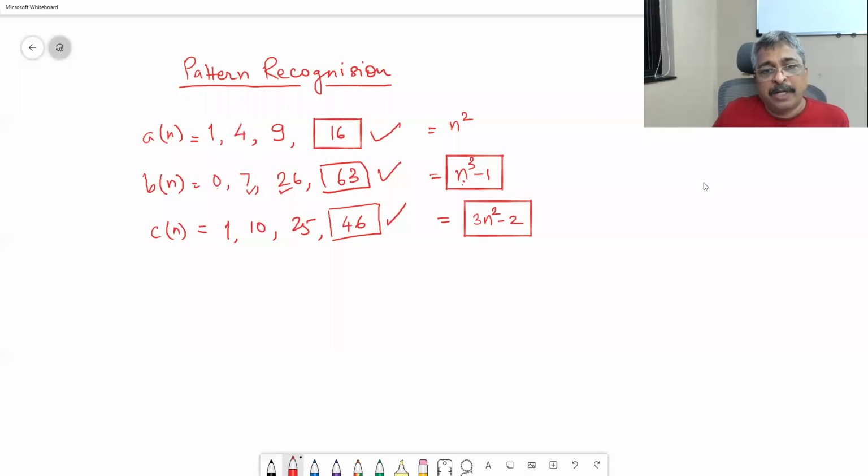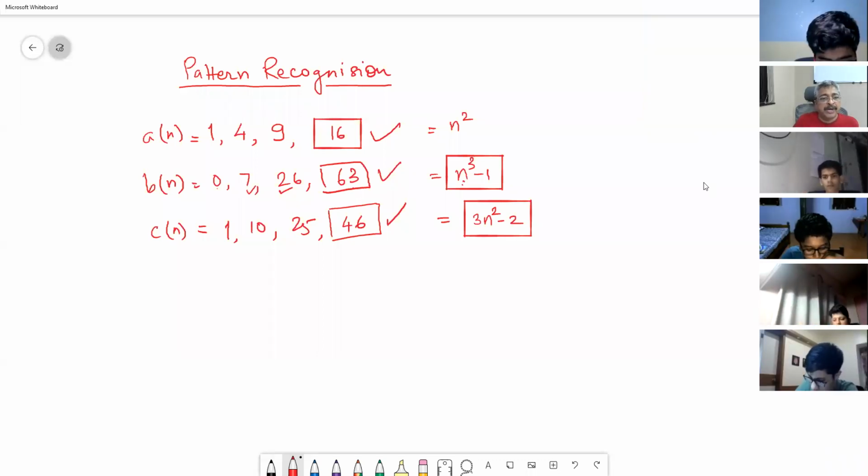If you recognize the pattern correctly, earlier you were getting good numbers, and there were many patterns which were difficult to identify.